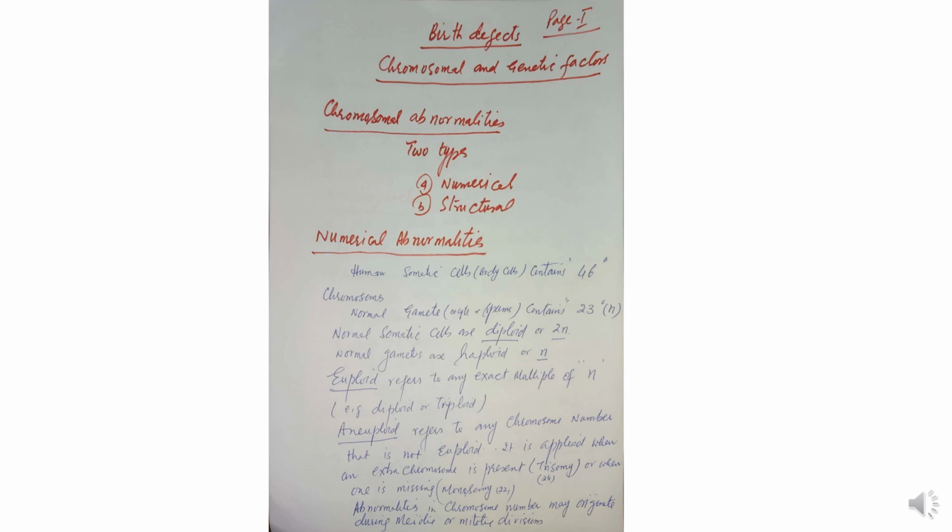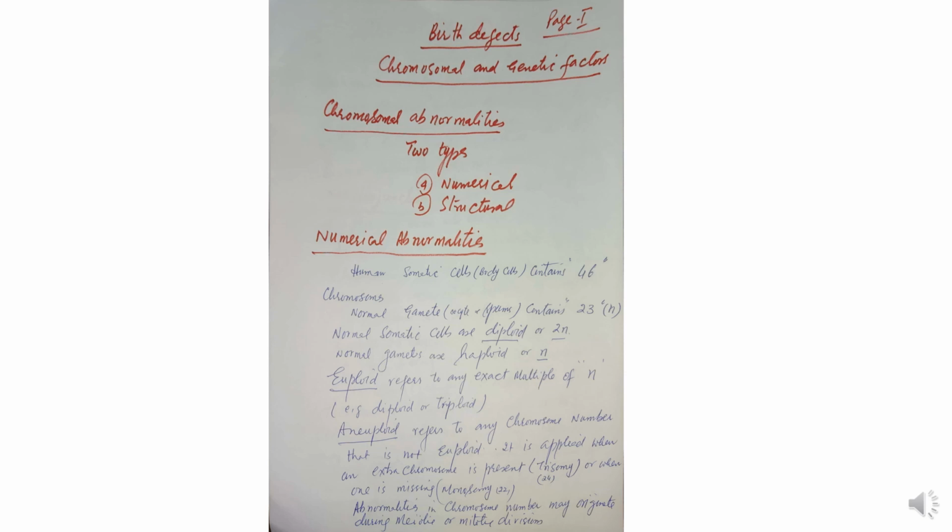So that becomes 46, 45 and 47. The cell in which the chromatid does not pass becomes 45, and the one in which it passes becomes 47. So this is the numerical problem.